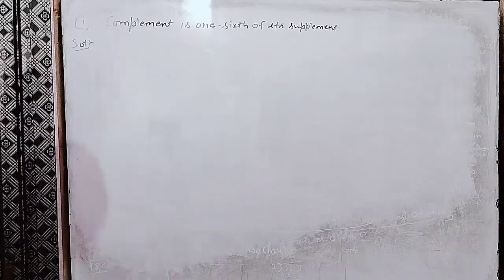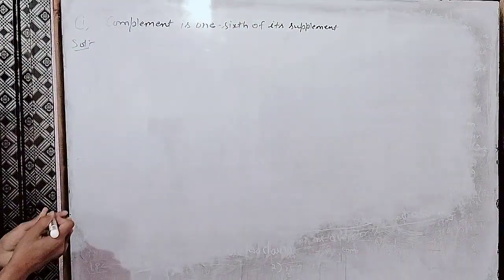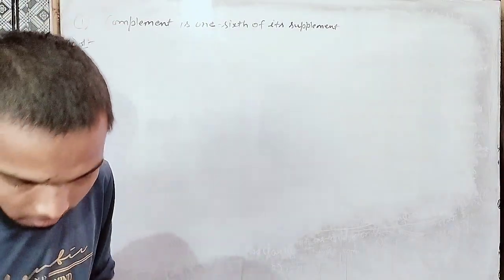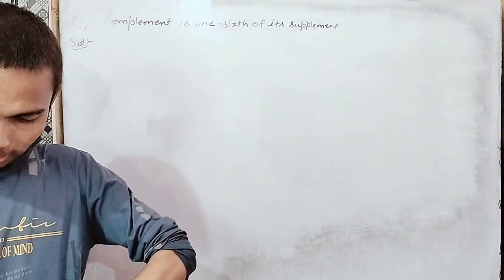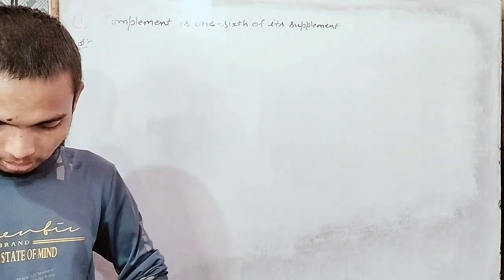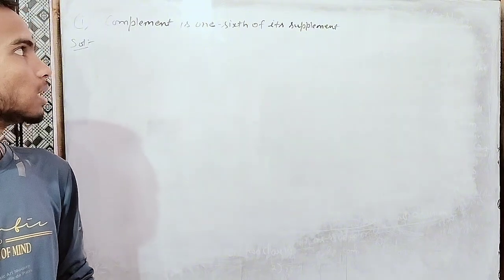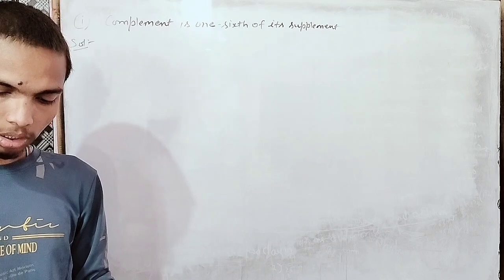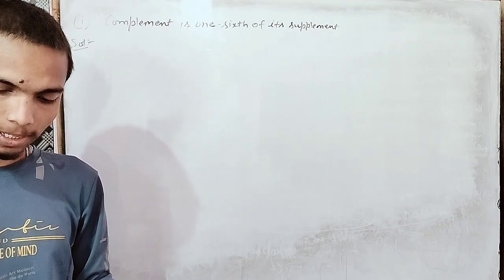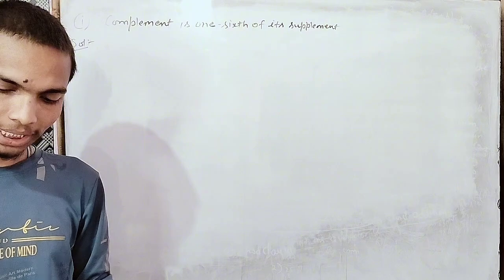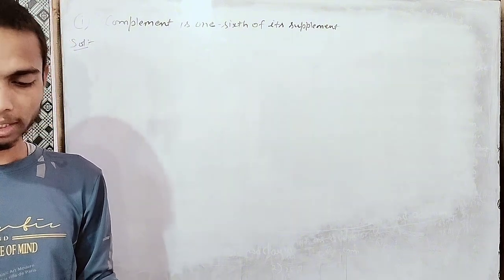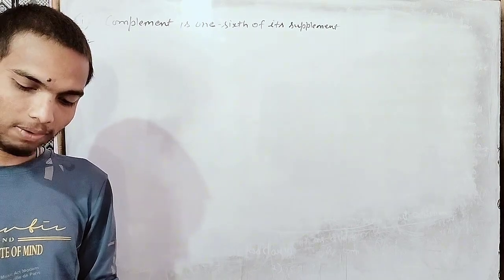So can you write the complement? You can solve it, and I told you complement is 90 minus x, and it is equal to 1/6 multiple of 180 minus x. Then we have a linear equation. We will simplify it. Then we will have the exact value of this statement.